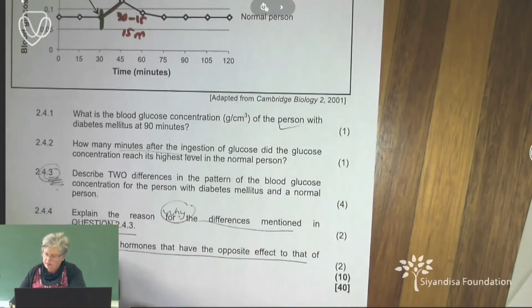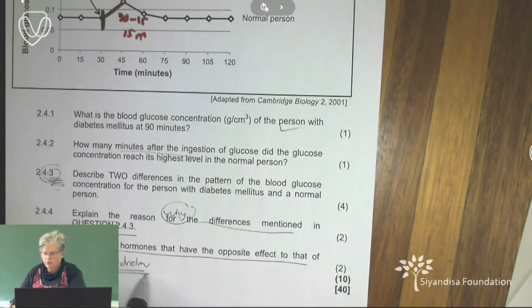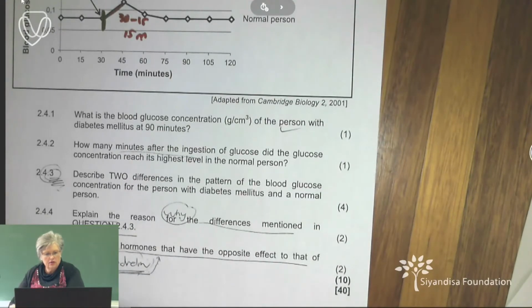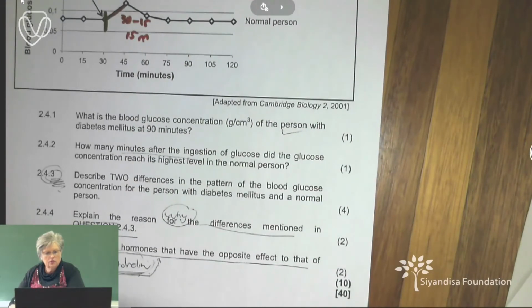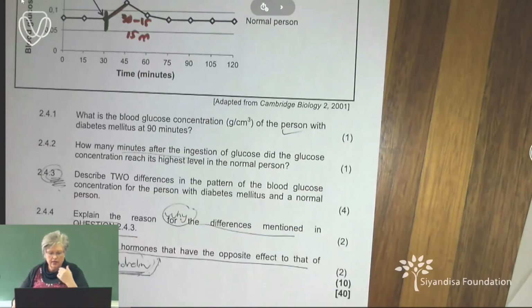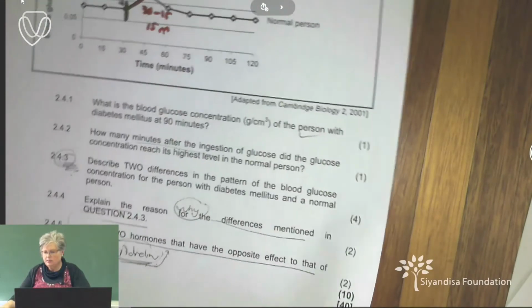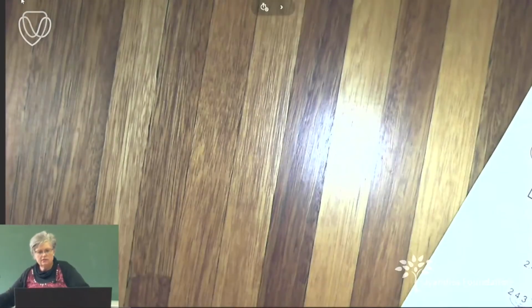The other one is adrenaline, which is secreted in a fight or flight situation. So we will need more glucose to run away. So this is the other one. High cognitive question, because it's not a direct function. You needed to work out why this one is more important.